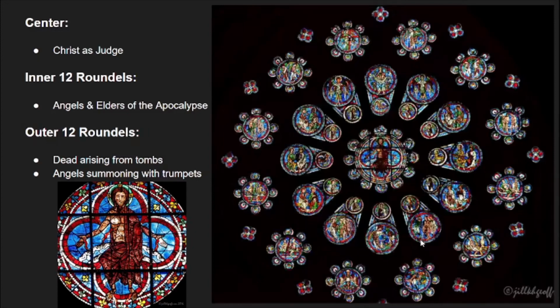The elders of the apocalypse are shown showing the dead emerging from their tombs. And then the angels are the ones blowing the trumpets to bring them to justice, or to judgment, rather.